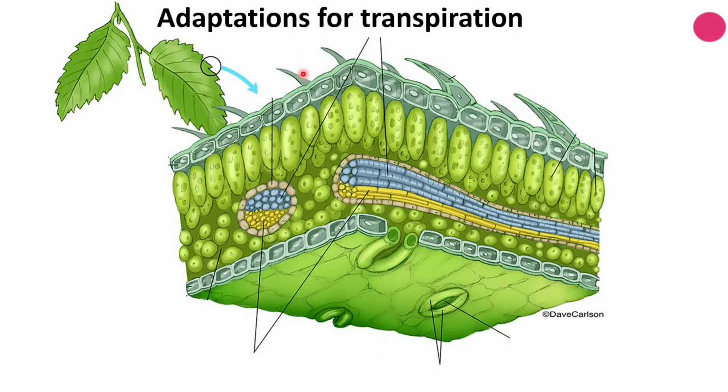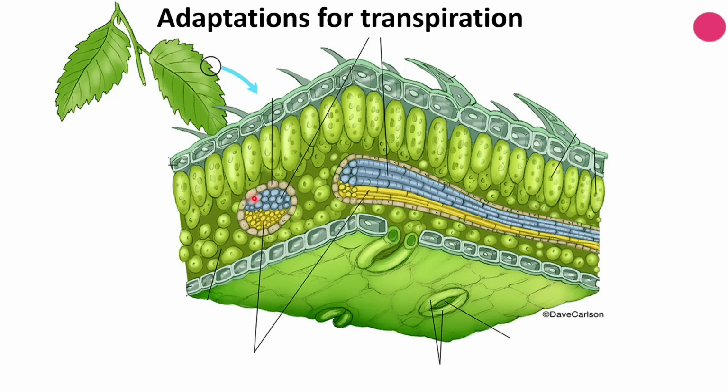So this is a leaf. Hopefully you have learned about this in this term. So there at the top we have epidermal tissue, right? These brick-shaped cells, and we also have a cuticle there at the top, and then at the bottom we also have an epidermal layer, right?